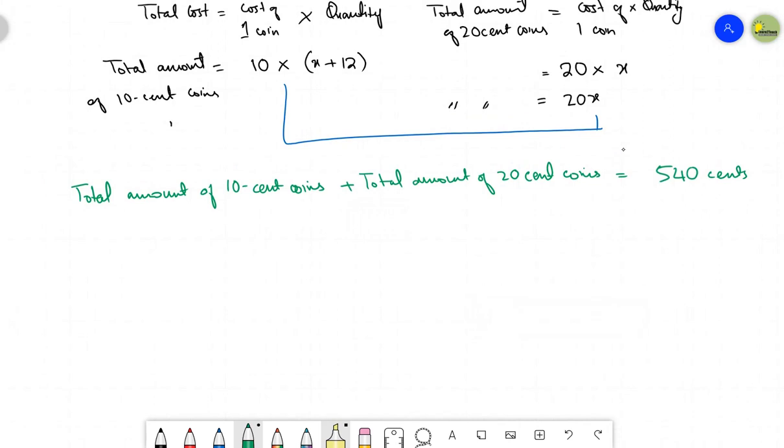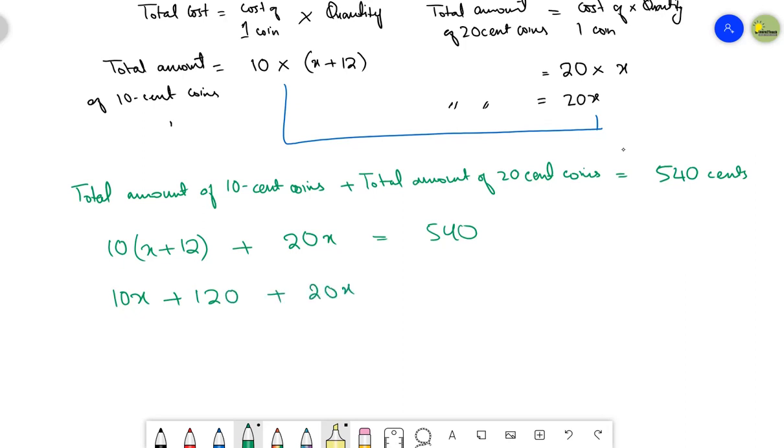The total amount of 10-cent coins is 10 into x plus 12. Then add it with the 20-cent coins, that is 20 multiplied by x, equals 540 cents. Now we are supposed to solve this equation and find the value of x. This is 10x plus 120 plus 20x equals 540.